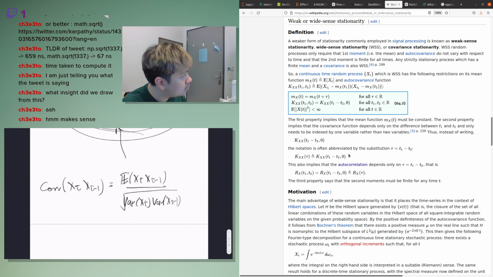This is going to be drawn from pi, where pi is your target, and what you're left with is just a covariance.